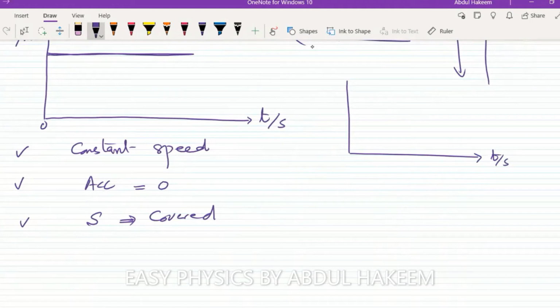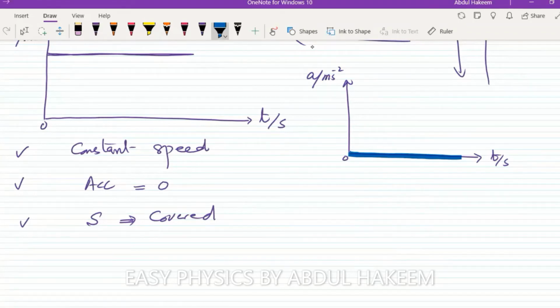So time at the x-axis, acceleration at the y-axis. For this motion, the acceleration is 0. So this is the line, 0 acceleration.